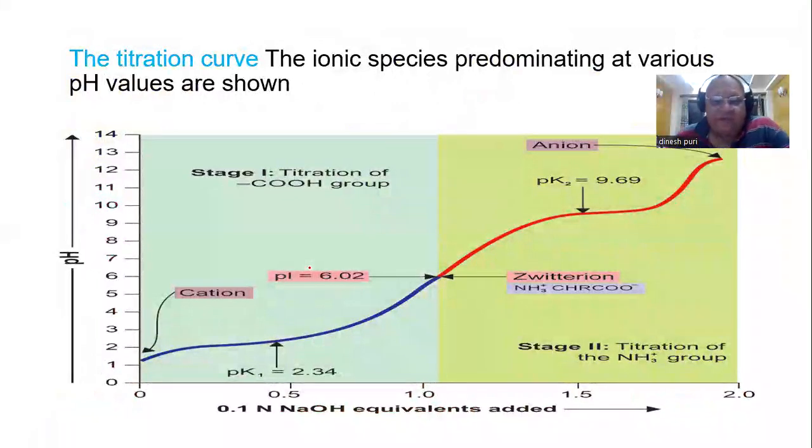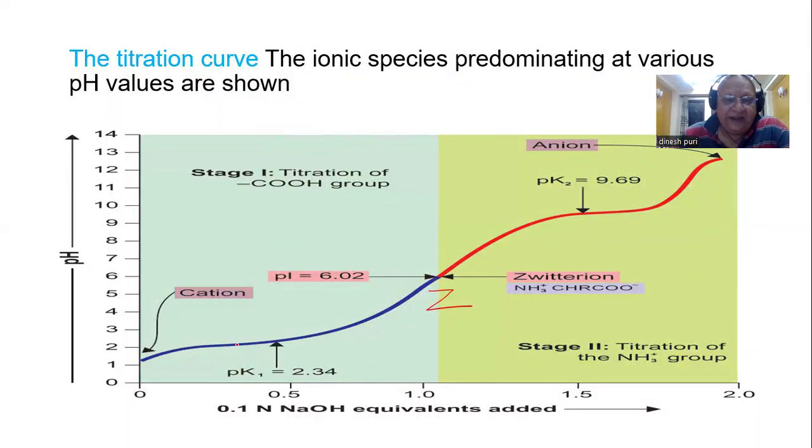Look at this: at the isoelectric pH, when the Zwitter ion form predominates, you can find that addition of NaOH is causing a sharper rise in the pH. So it is not acting as a buffer. Rather, it has the least buffering capacity at the isoelectric pH.